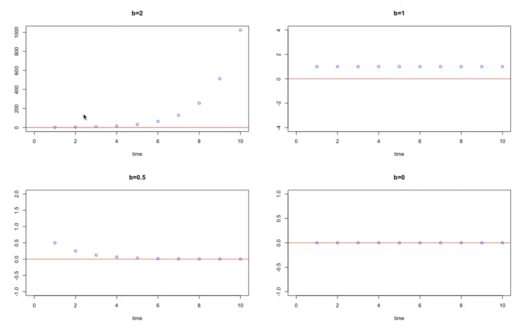This feature appears in all the possible cases. If a were negative 1, we would have exactly the same outcomes as you can see here, but they would go below the equilibrium.